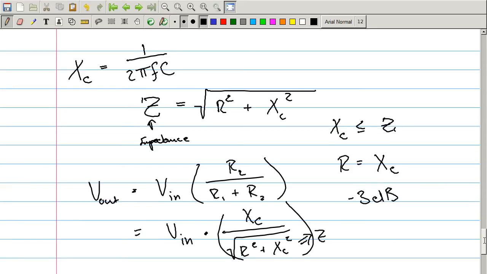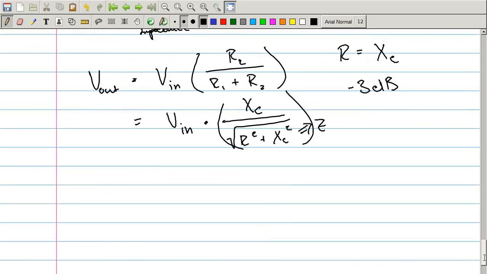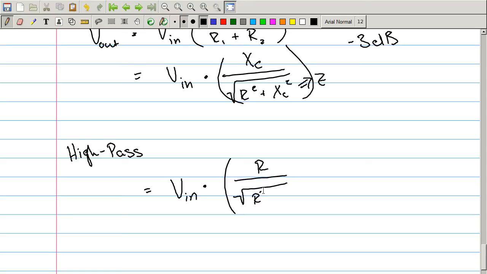Now this formula is for the low pass filter. Obviously, for a high pass filter, you're going to switch some things around, and it just becomes V in times R over the square root of R squared plus X sub C squared. And again, it still holds true.